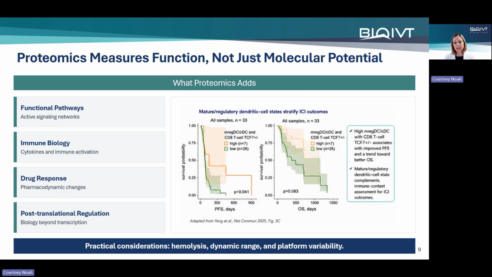Hemolysis can significantly affect measurements. Sometimes dynamic range limitations remain substantial. And occasionally we're encountering platform-to-platform variability that can really complicate interpretation or cross-study comparisons. But when the question at hand is really focused on function, then protein is the right analyte to be looking at.